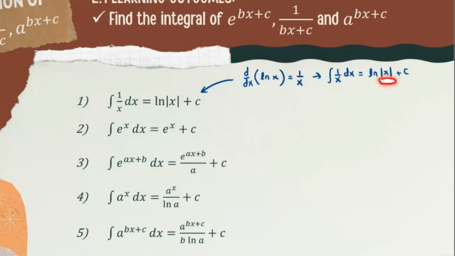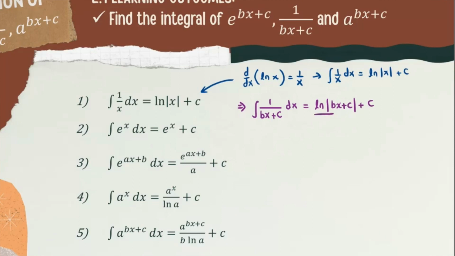Okay, so that means kalau kita nak integrate 1 over bx plus c with respect to x, your answer here will be ln of modulus bx plus c, plus dengan c lagi.